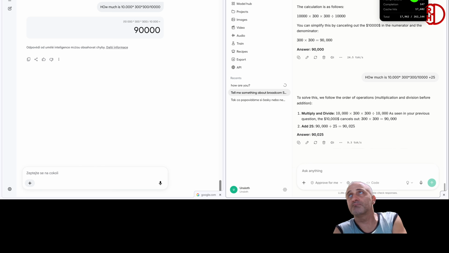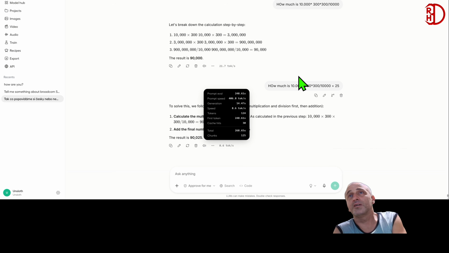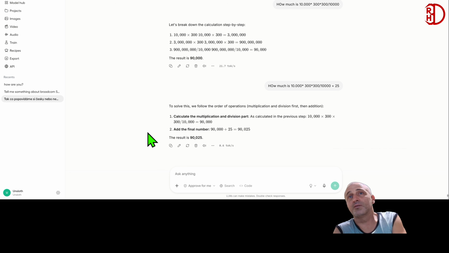Let me say, I don't know, and I don't think it is the GPU, you know. I think it will be maybe the model sleeping. I don't know.